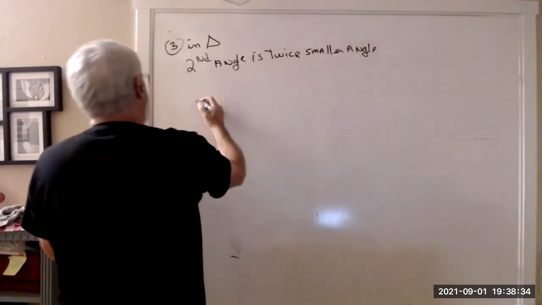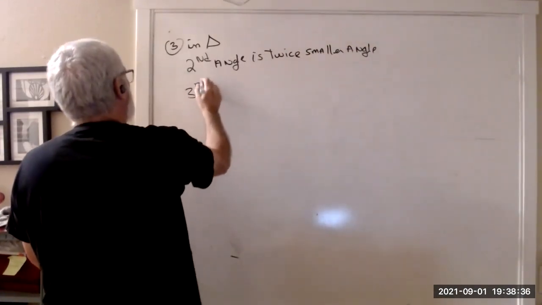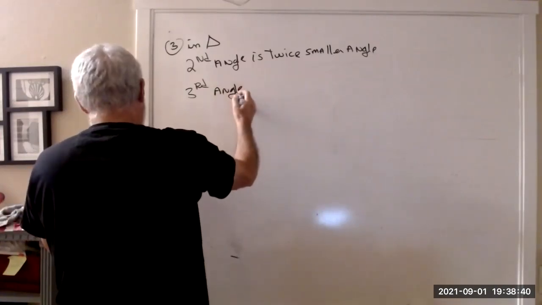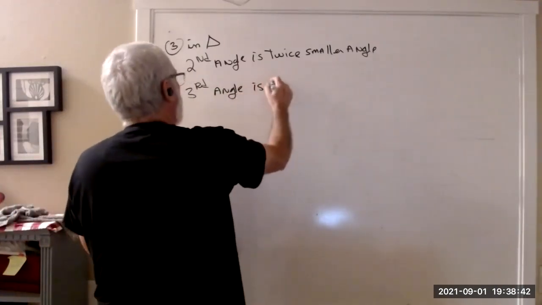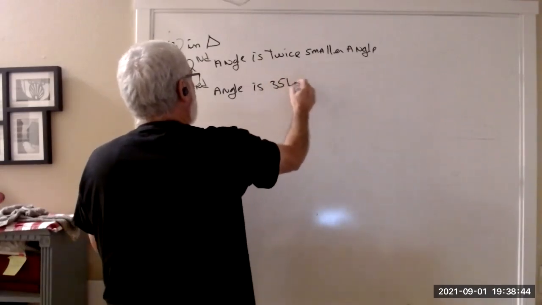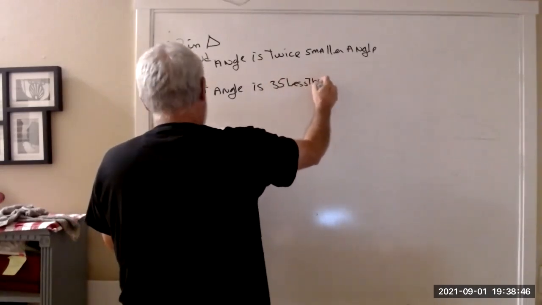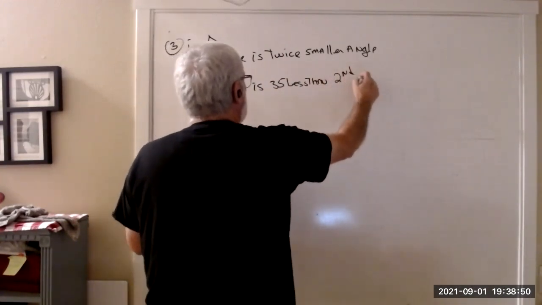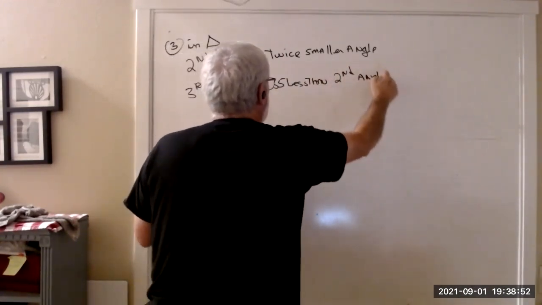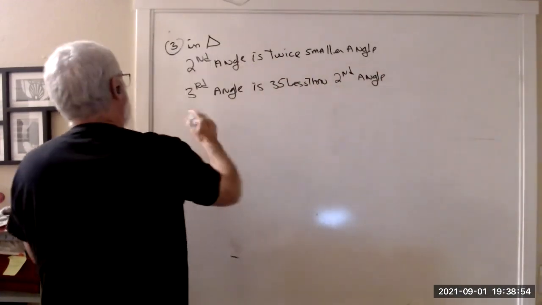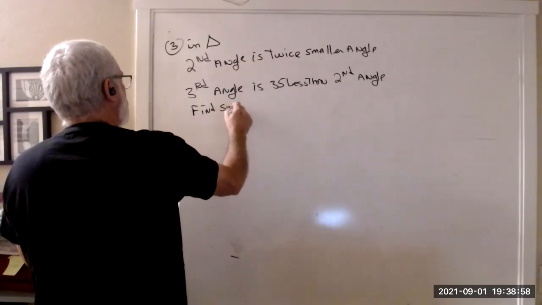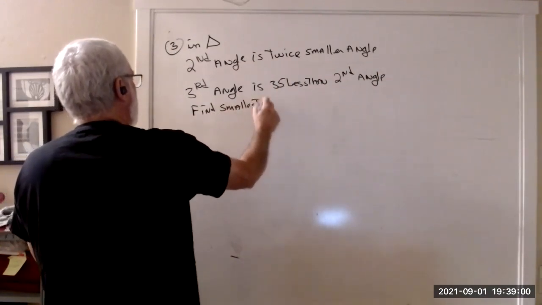The third angle is 35 less than the second angle. Find the smallest angle.